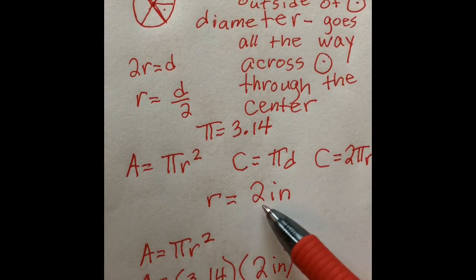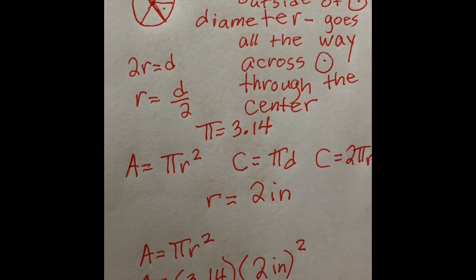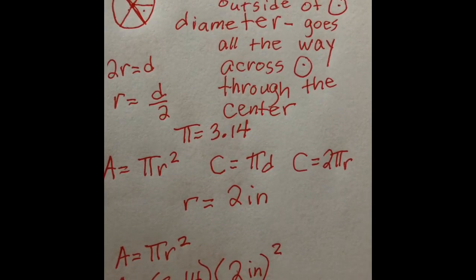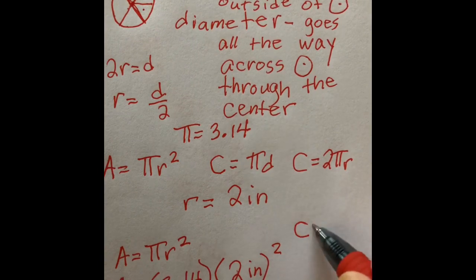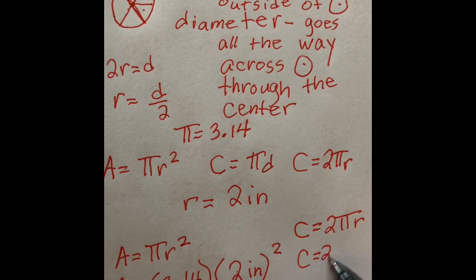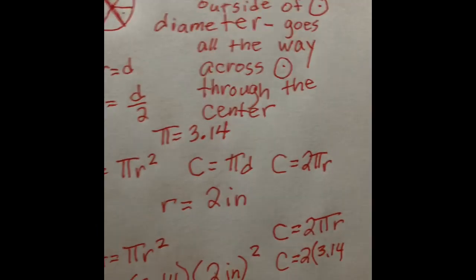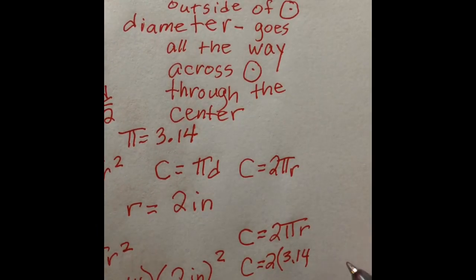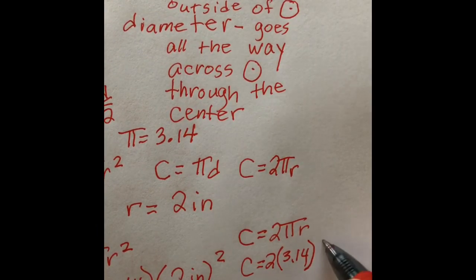Since they gave us the radius, I'm going to choose to use this formula, C equals 2 pi r. So C equals 2 times 3.14 times 2 inches.